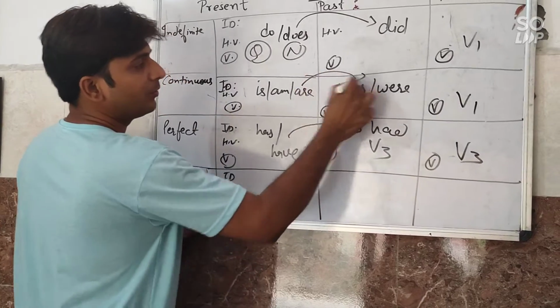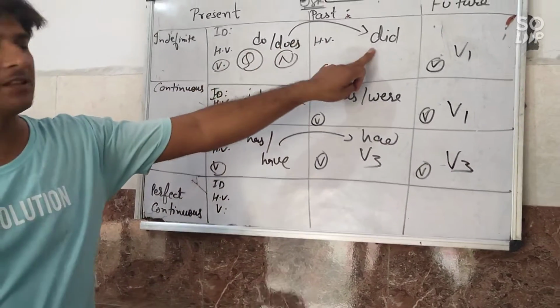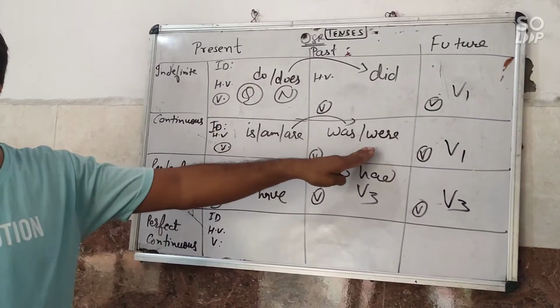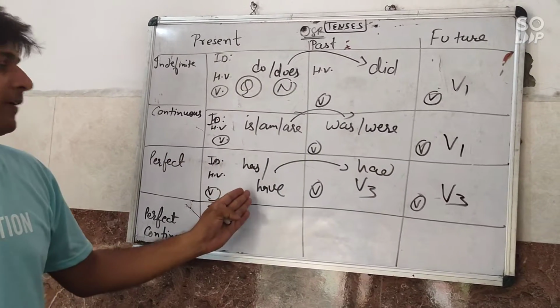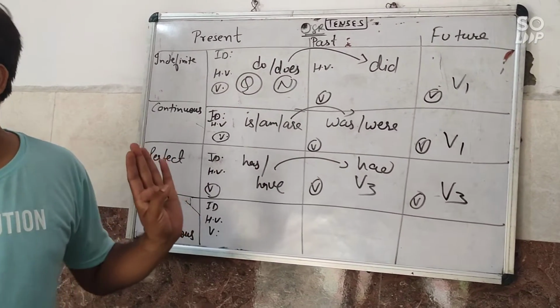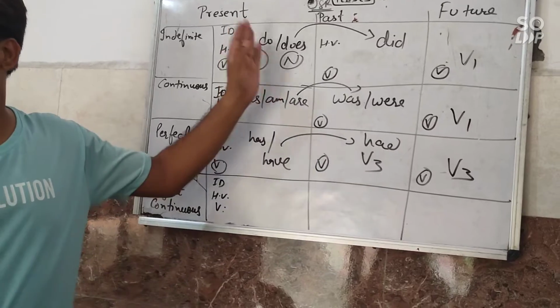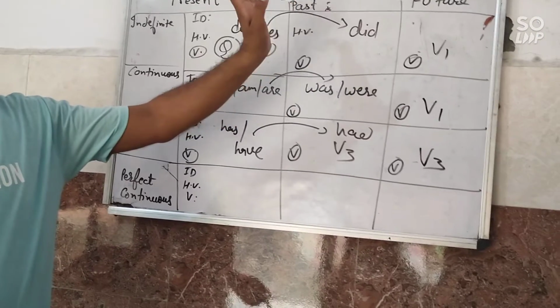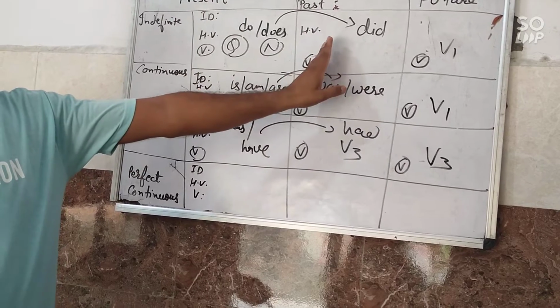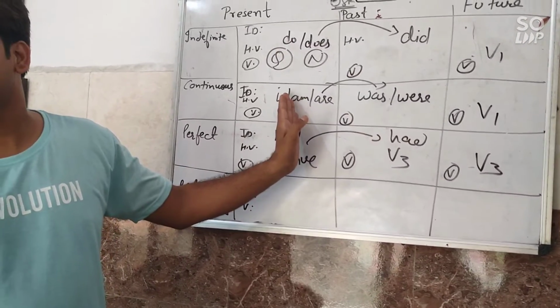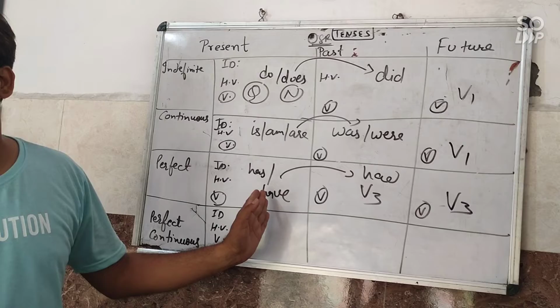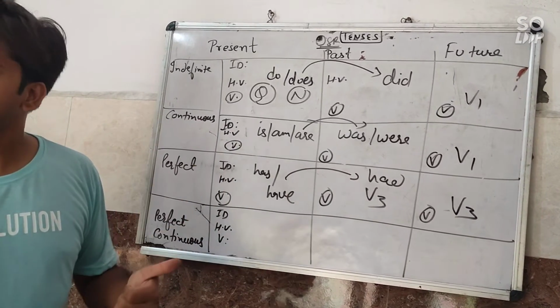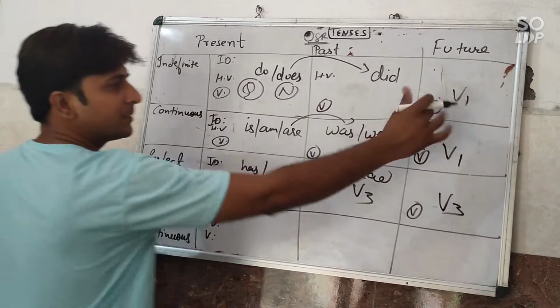Had. So past of do, does is did. Past of is, am, are is was, were. Past of has, have is had. Easy. Do, does, did. Is, am, are, was, were. Has, had. Learned? Yes. And this is very simple.